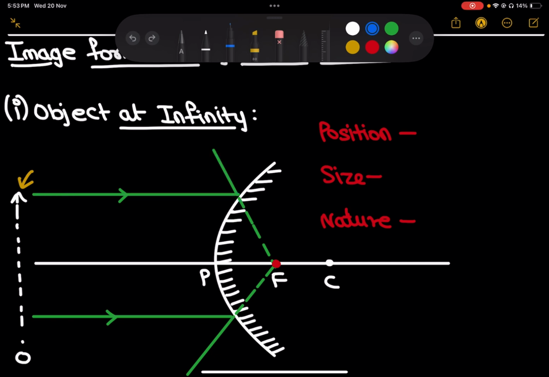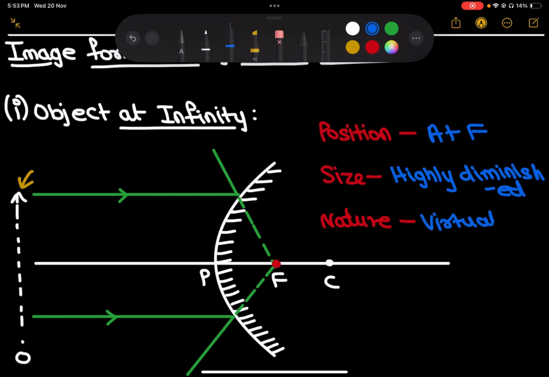So position of the image we'll write at F, and it is formed behind the mirror, right? The size of the image, as you can see, is point sized or highly diminished, whichever. And the nature, it is virtual and erect.